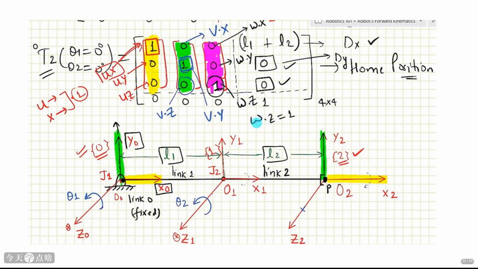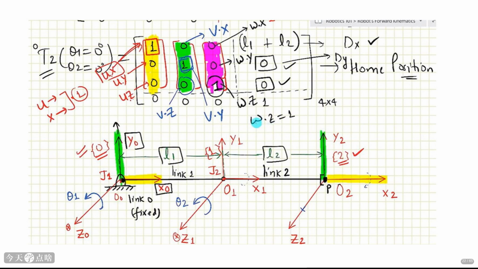This diagram puts it all together. The upper part shows the forward kinematics equation we derived. The position vector x, y of the end effector P is related to the joint angles θ1 and θ2 and the link lengths L1 and L2. The lower part is the kinematic diagram of the 2DOF arm. It shows the two joints, the two links, and the coordinate frames.